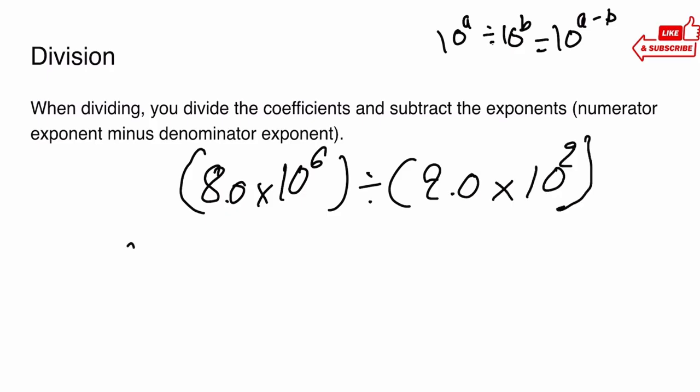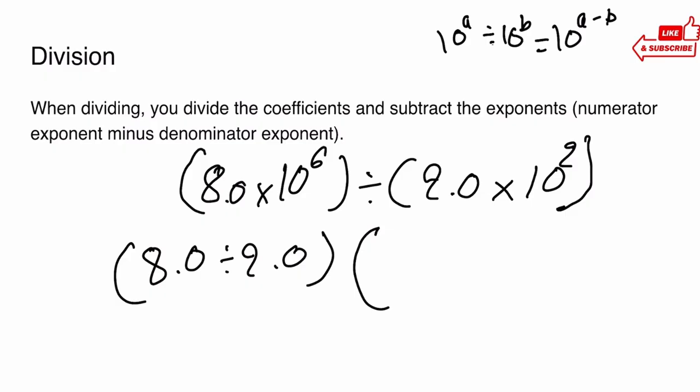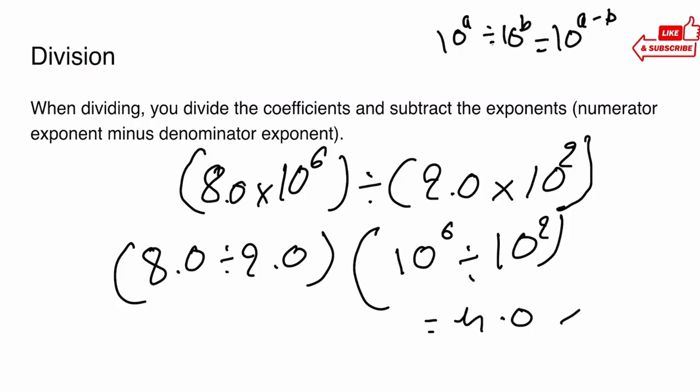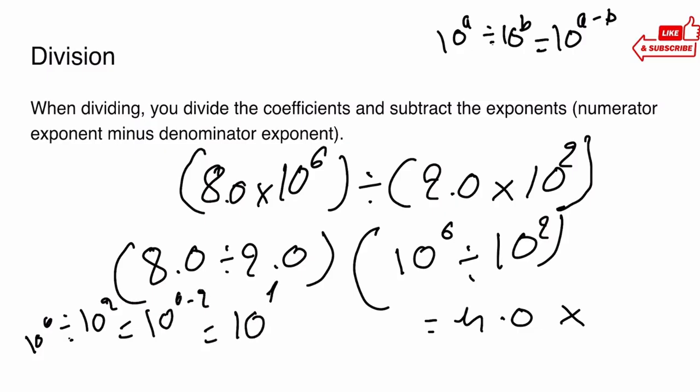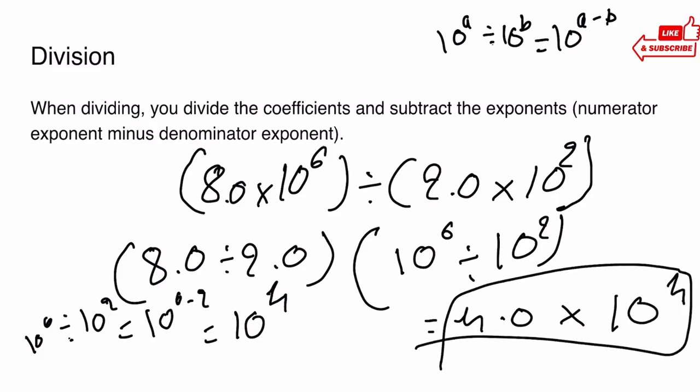We're going to divide the coefficients together, so we have 8.0 divided by 2.0, and we're multiplying this by 10 to the 6 divided by 10 squared. 8 divided by 2, that is going to be 4.0, times 10 to the 6 divided by 10 to the 2. That is the same thing as 10 to the 6 minus 2, which is equal to 10 to the 4. So you have 4.0 times 10 to the 4 as our final answer.